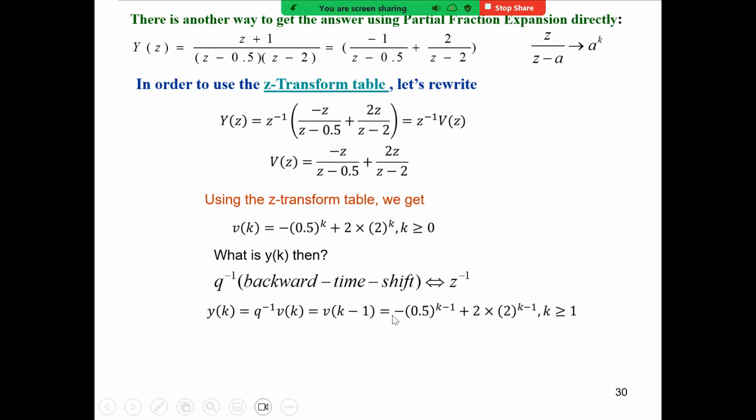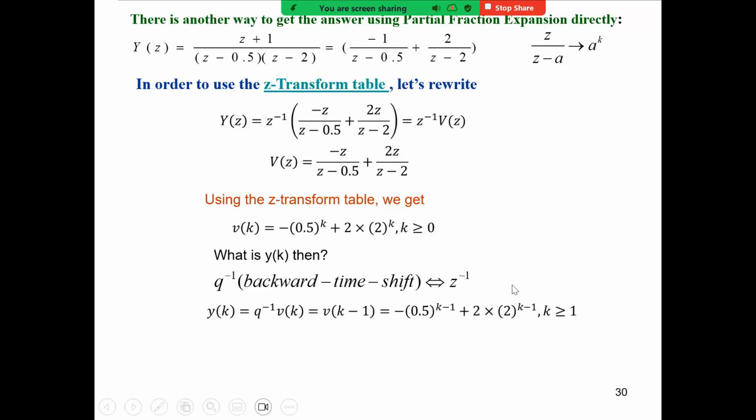Actually, you get this signal. But v of k is defined only for k bigger than or equal to 0. So when we use this formula, of course, you should start from k equals 1, because for k equals 0, I don't know the value of v of minus 1.